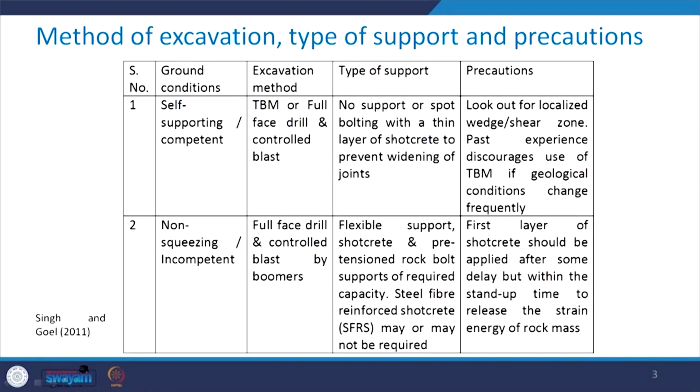Coming to various methods of excavation, type of support and precautions to be taken during the excavation for different ground conditions. So, the second column deals with the ground conditions, followed by the excavation method, the type of support and the precautions to be adopted.